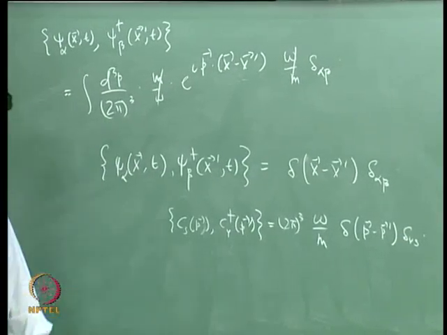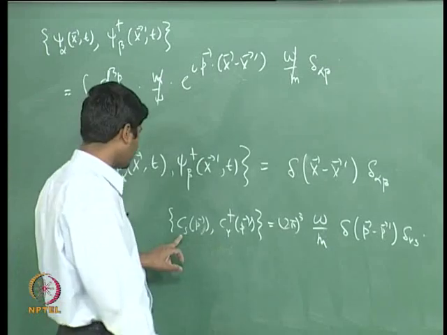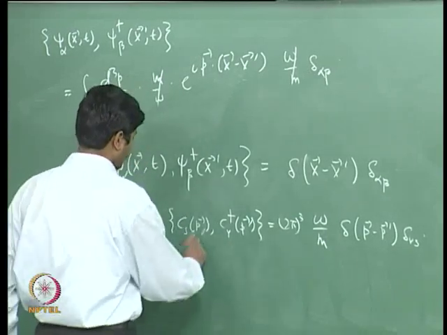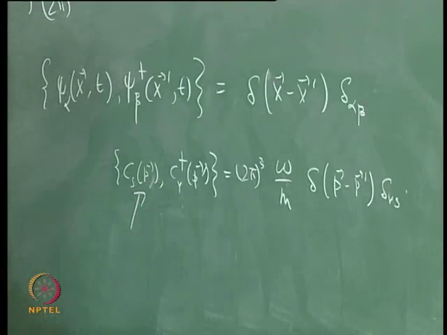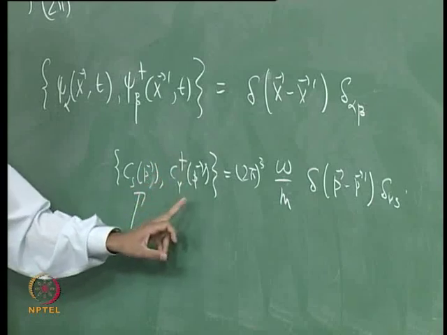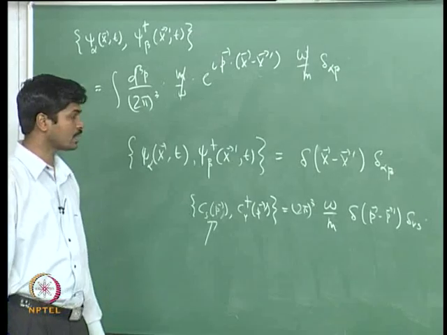So, now as you may have expected already, the c_s act like annihilation operators, whereas the c_r daggers act like creation operators.